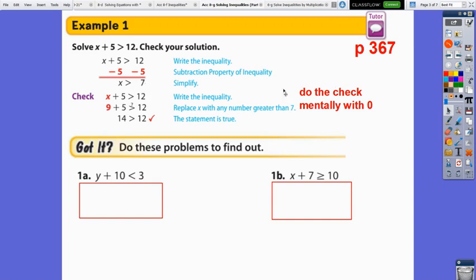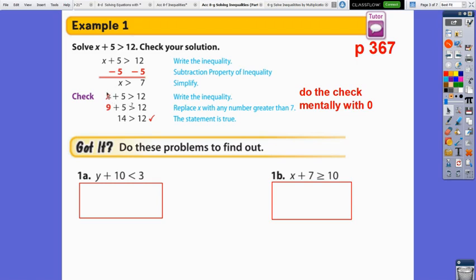All right, now, the book does checks here occasionally. I typically do not require you to do a check on inequalities because no matter what numbers you put in here, they might come out true or false, and it doesn't really tell you anything. I think the best thing to do with inequalities is just mentally check really quick by putting 0 in for the variable, because that should give you math that you can certainly do in your head.